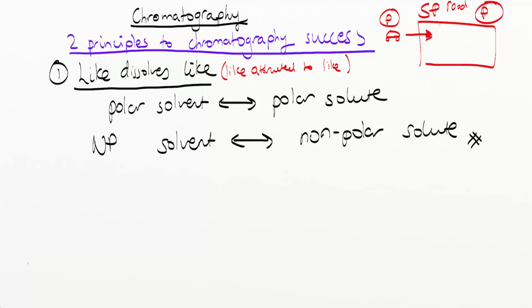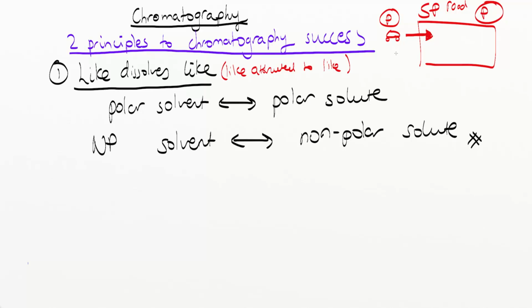Since both are polar, our rule is like attracts like, which means the polar component will be very attracted to the polar stationary phase. Therefore, it's going to be stuck and have a lot of friction, and it's not going to move very far.